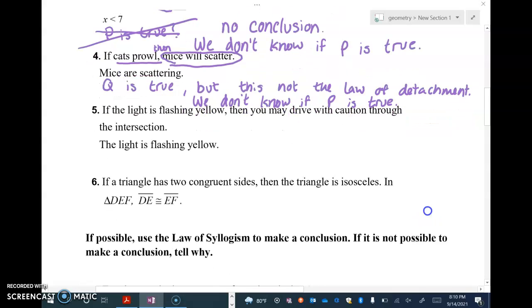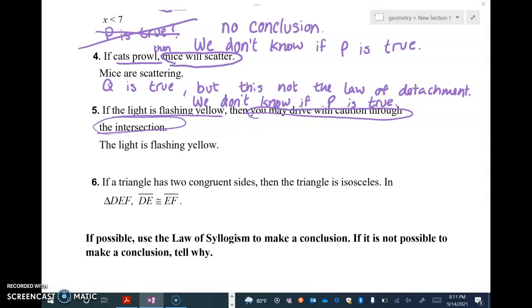All right, 5. If the light is flashing yellow, then you may drive with caution through the intersection. So if P, then Q. Now it's saying the light is flashing yellow.